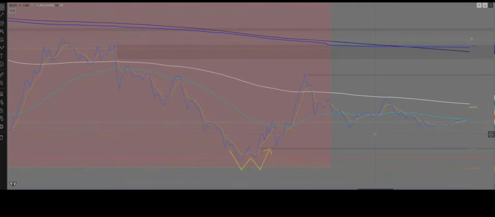I don't think the zeros are the same thing as a fair value gap. I think it's more like, because my strategy's not really my strategy, it's more like years of accumulation of market behavior.